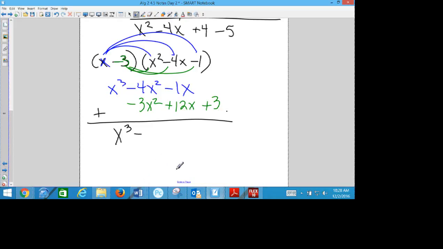X to the third minus 7x squared plus 11x plus 3. We do not have anything else to multiply. So we write f of x equals in front of it and be done.